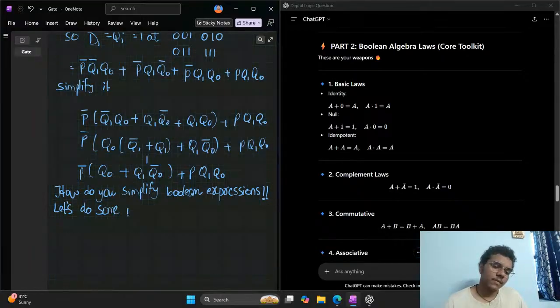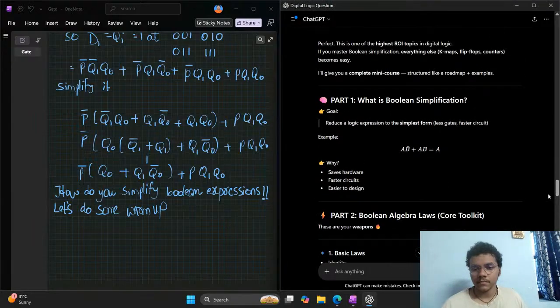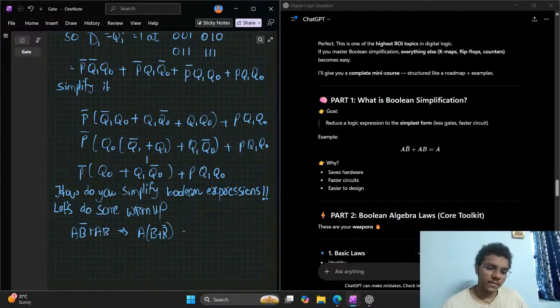Let's do this one. Warm up. A B bar plus A B can be transformed to, if you take A common, B plus B bar, that is A into 1, that is A. Okay.